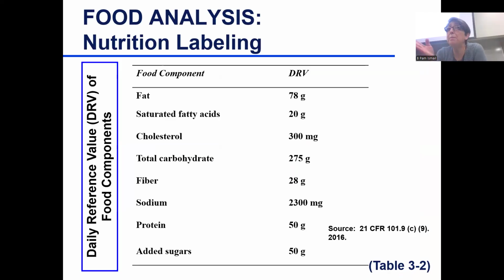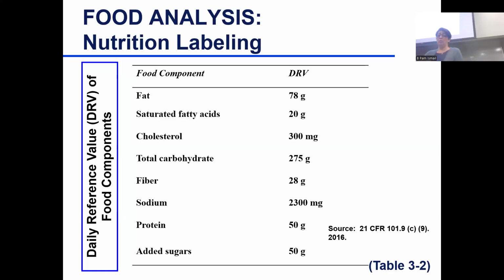When we do the lab on Wednesday, you will see that some of these components require percent daily value to be included. Protein only if we're making a claim related to the protein, or it's a product for small children. The percent daily value is calculated per serving.